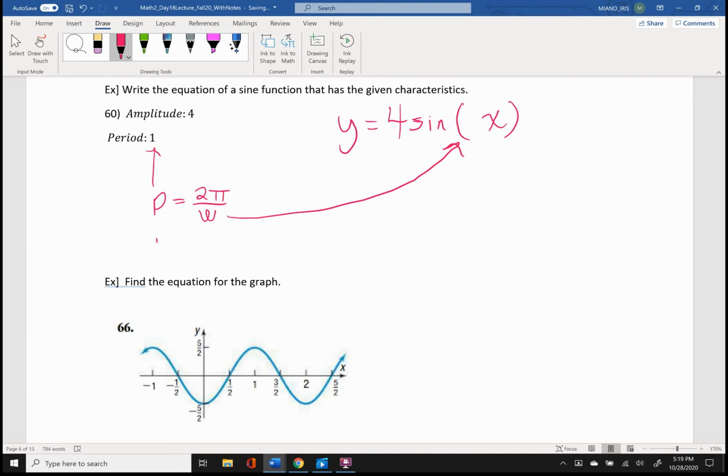So if p equals 1, then omega has to equal 2 pi, right? That's the only way that this ratio is going to equal 1. So therefore, your coefficient in front of the x is going to be a 2 pi, for y equals 4 sine of 2 pi x. That's going to be the equation.